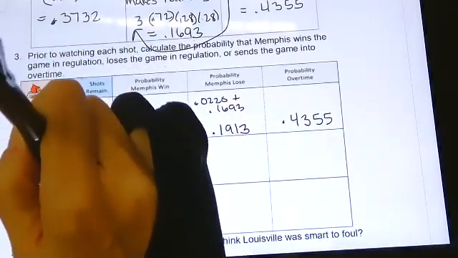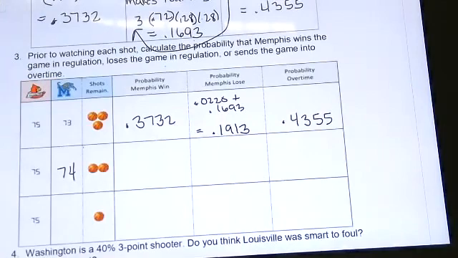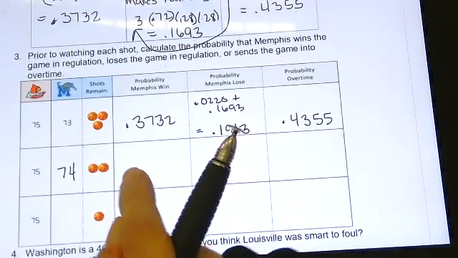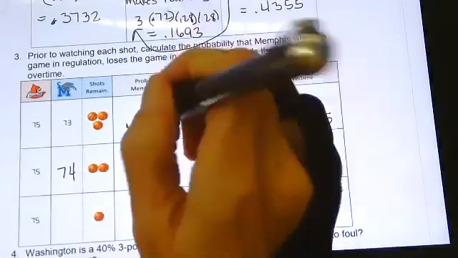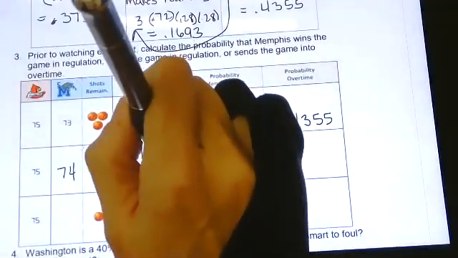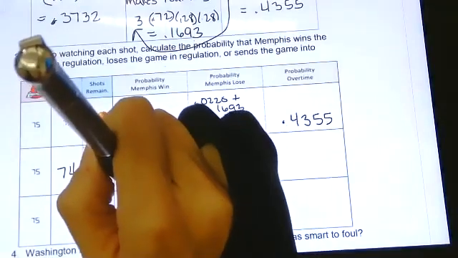Okay, let's say he makes the first shot. Now they have 74 points. He has 2 shots left. The chances of winning: he's got to make them both, so now we're looking at 0.72 squared.